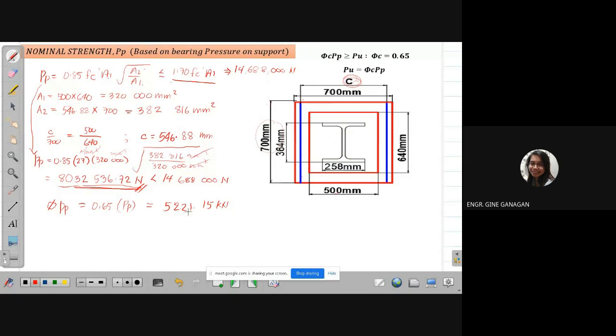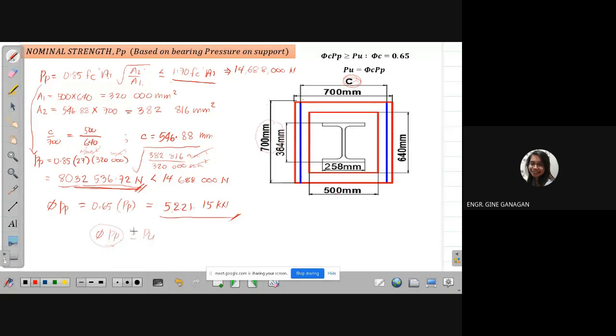So, yan yung design strength natin based on the bearing pressure. So, pag dinagdagan ko yung question that what is the load, the ultimate load. So, alam naman natin na PP is greater than or equal to PU. So, pag PP natin yan, ang PU natin is equal to this value.